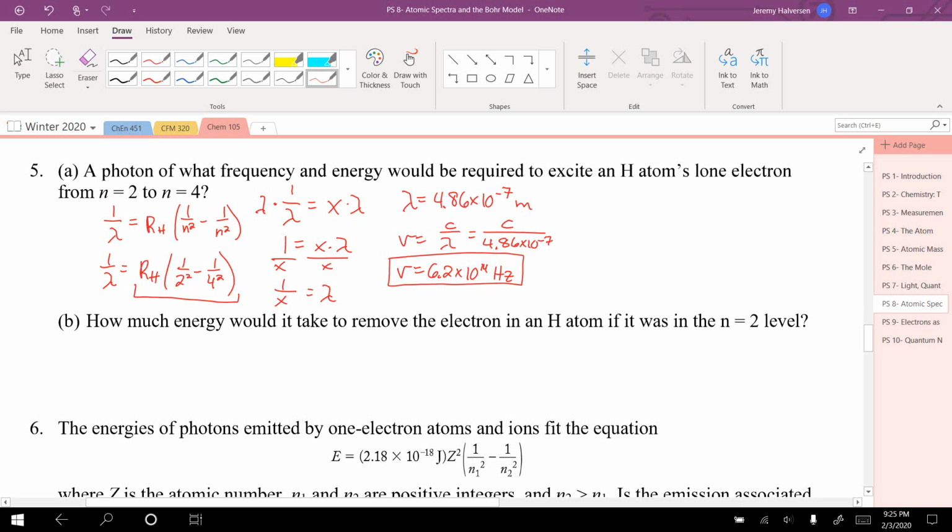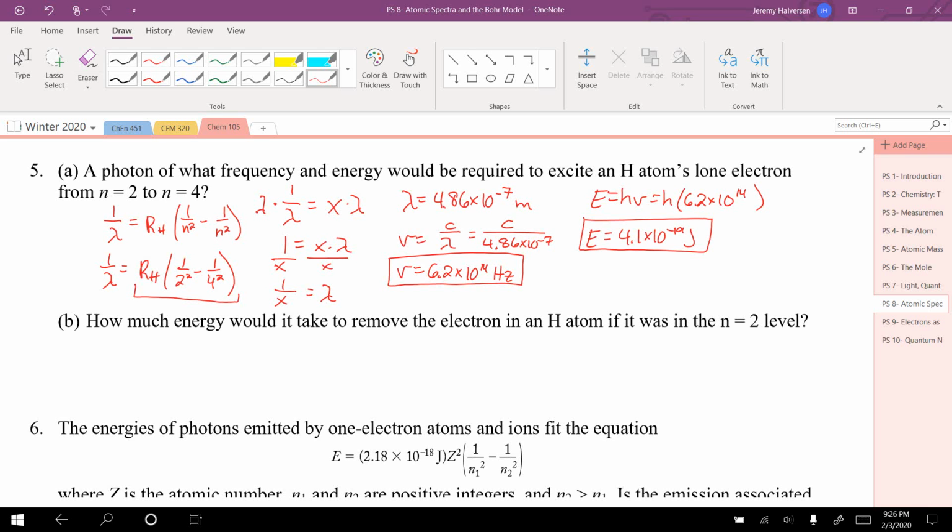Awesome. I also want energy. I know that energy equals h nu, which is h times 6.2 times 10 to the 14 hertz. And that gives me an energy of 4.1 times 10 to the negative 19 joules. So hopefully you recognize it's a really small amount of energy, but I'm making a really small jump in an atom, so it should be small.